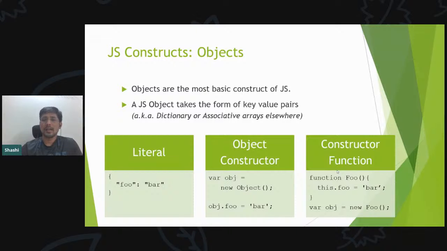The second one that you see is the object constructor. In this case, you create an object by instantiating an object class. Now, technically, JavaScript did not have classes till recently. Now it does have class syntax, but JavaScript has always supported object-oriented programming.